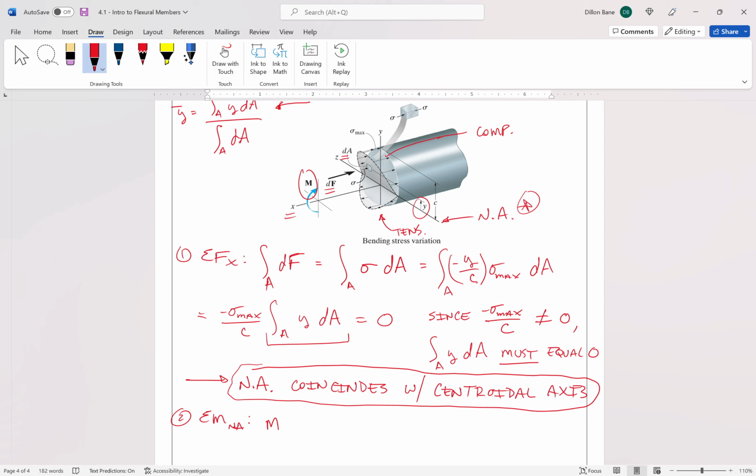What the moment is going to be is dF times y, right? So y is the location vertically of dF. So the moment of that force about the z-axis is going to be dF times y. We just have to take that moment, dF times y, and do it for every little bitty, infinite number of dF's that we have. So in integral form, what we get is minus the integral of y dF over the area. Okay.